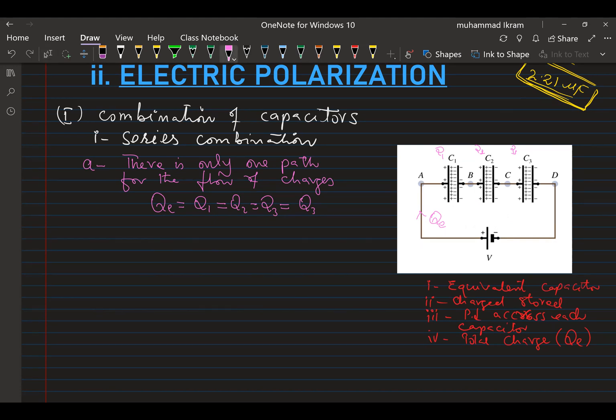Since there is only one path for the flow of charges, as you see, look, the battery, see here, there is only one path. So every capacitor has the same amount of charge on it.